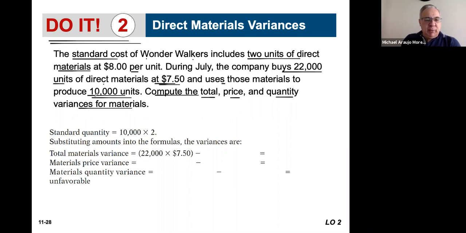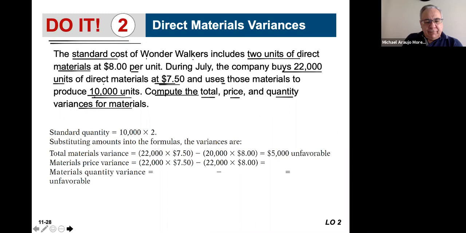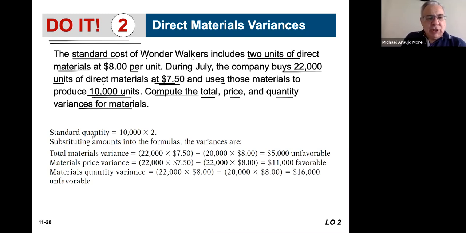Well, we are going to be producing 10,000 units, right? It's easier to do in the book than it is on these slides. Okay. So our standard quantity here, again, 2 units of direct materials per unit, and we have 10,000 units. So the standard quantity, 10,000 units at 2, is where those numbers came from.